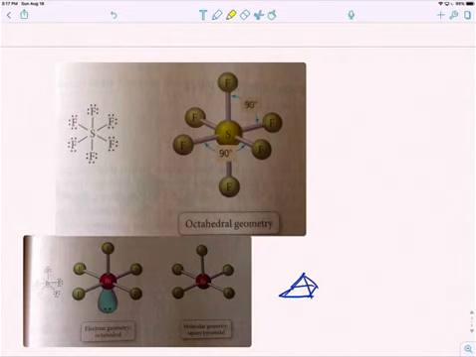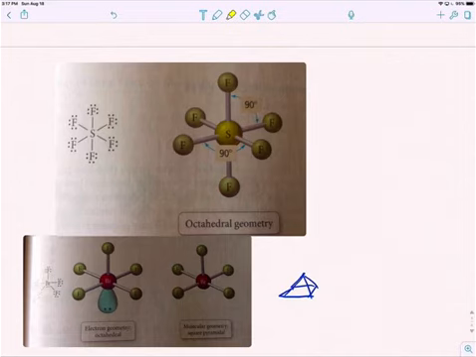Pyrite also has a similar cubic geometry, so you can get pyrite octahedra as well. If you have a cube and you put a dot on each of the six faces of a cube, and you connect them, you'll get an octahedron. So octahedron and cubic geometry are actually the same thing.